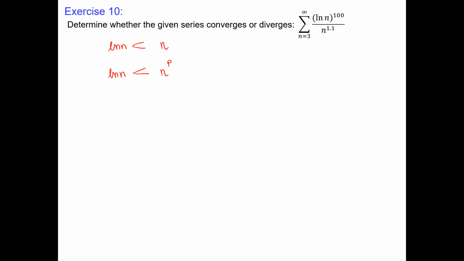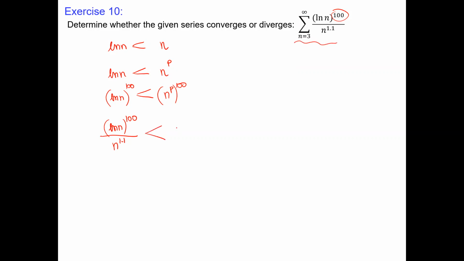Now I can take natural log of n to the power of 100, because we have that 100, and n to the power of p, 100p. What I'm trying to do on the left-hand side is create our formula.